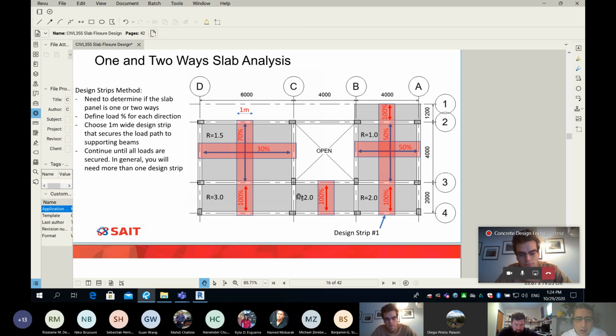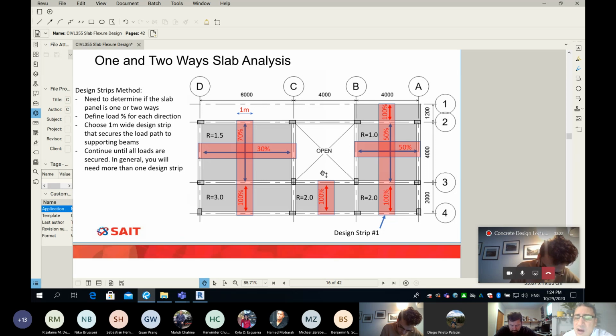Now, we've done this exercise last class, which is not very difficult. For every slab panel, you divide the longer direction by the shorter direction, the length of the slab by the width of the slab. Look at the numbers in black, and you will see this is the rectangularity. Wherever the rectangularity is less than 2, it's a two-way slab.